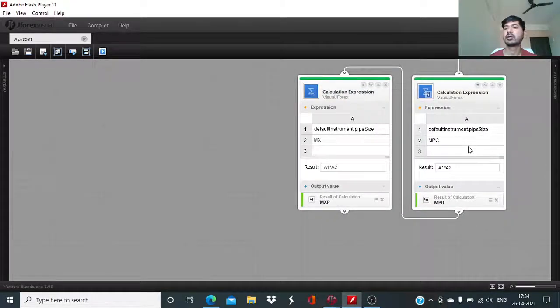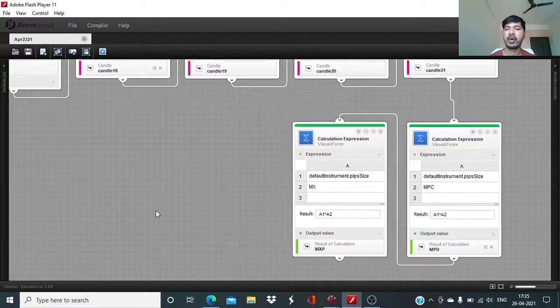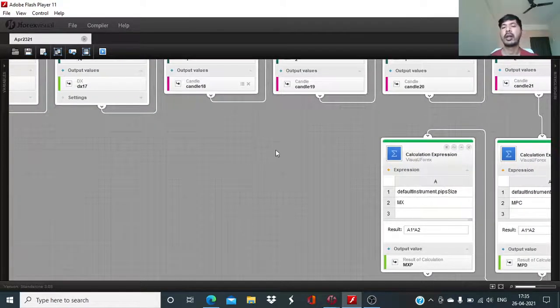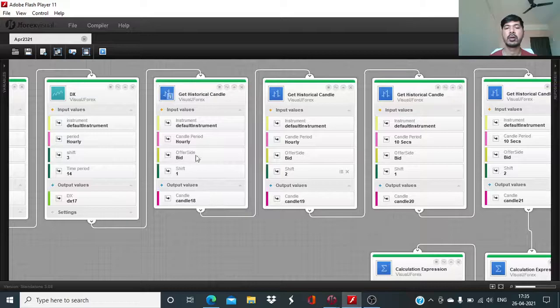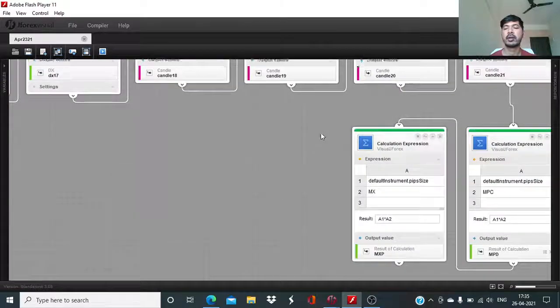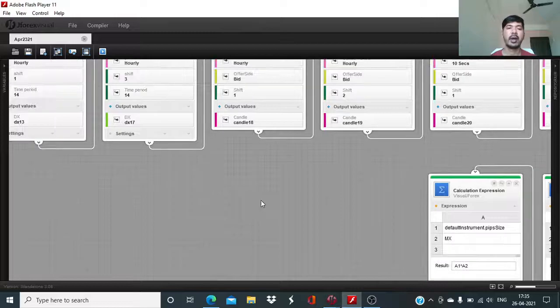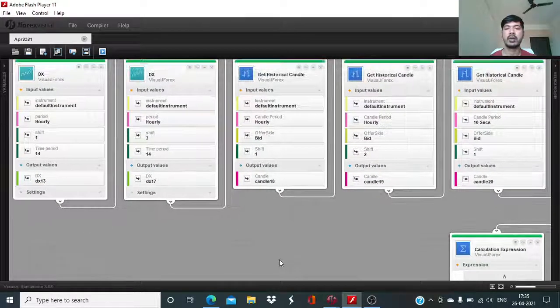These calculations were carried out where the pip size has been defined, and then that was multiplied with the desired variable, in this case 15 pips, and here for maximum difference this is going to be 45 pips. In today's session, the first thing we will have to do is look at the actual difference between the closing value of the last hour and the opening value of the penultimate hour. And as I said, then we will compare that difference to this minimum and the maximum difference, and it should be within the price limit.